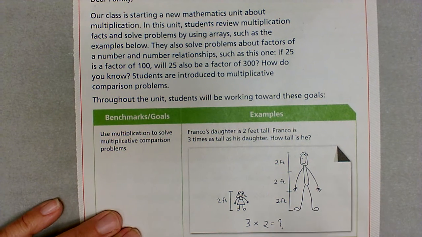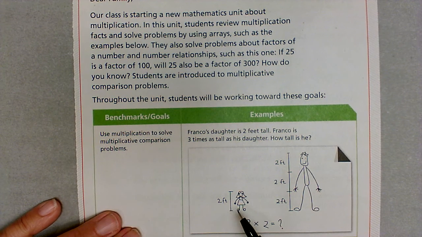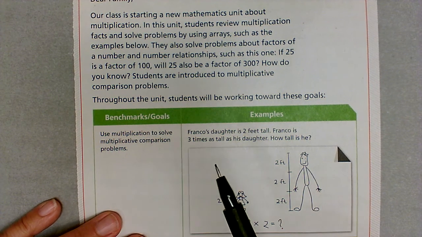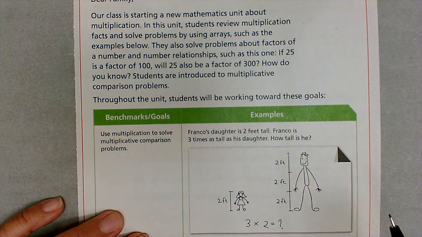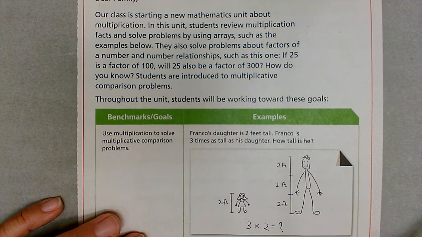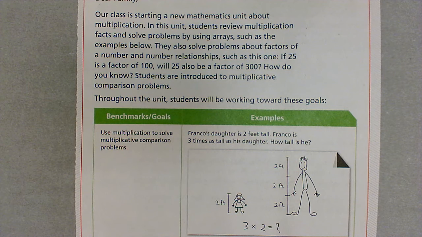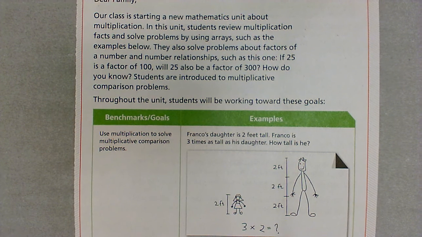In this model we have the little girl again. She's 2 feet tall. The dad is 3 times as tall, so we know we're using multiplication. So 3 times 2, 2 represents the height of the daughter, and 3 times 2 would equal 6. So we have 2, 4, 6. The dad, Franco, is 6 feet tall.